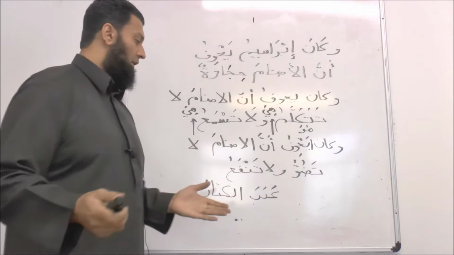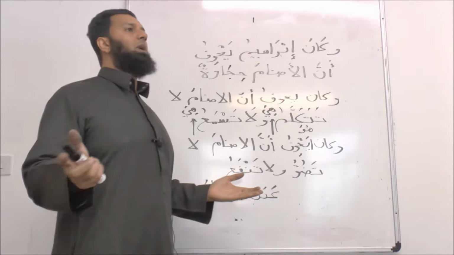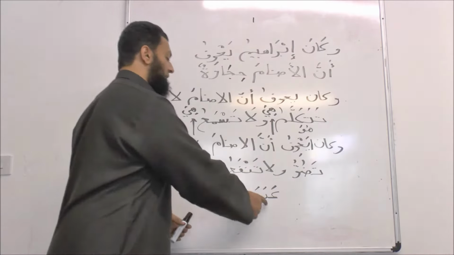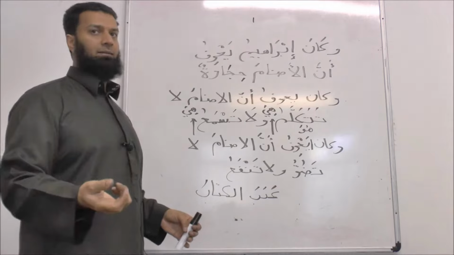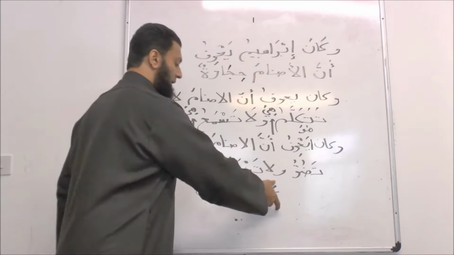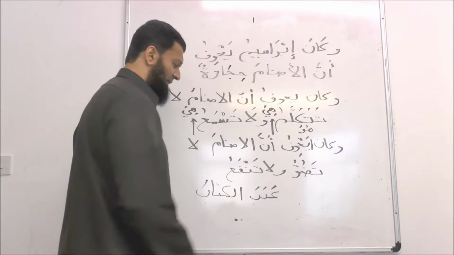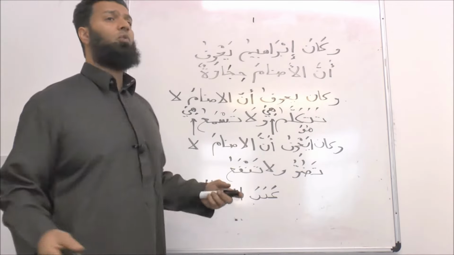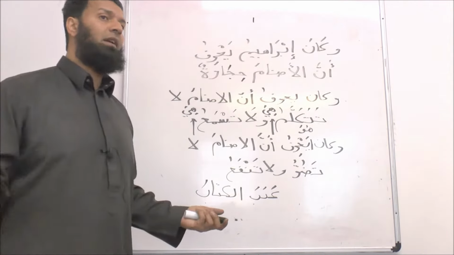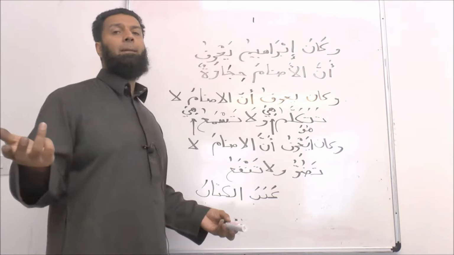Now, perhaps one of the reasons why in a dictionary, when a verb is in its third person form, singular, masculine, they say it means to write. But it doesn't, does it? Because what does kataba mean?